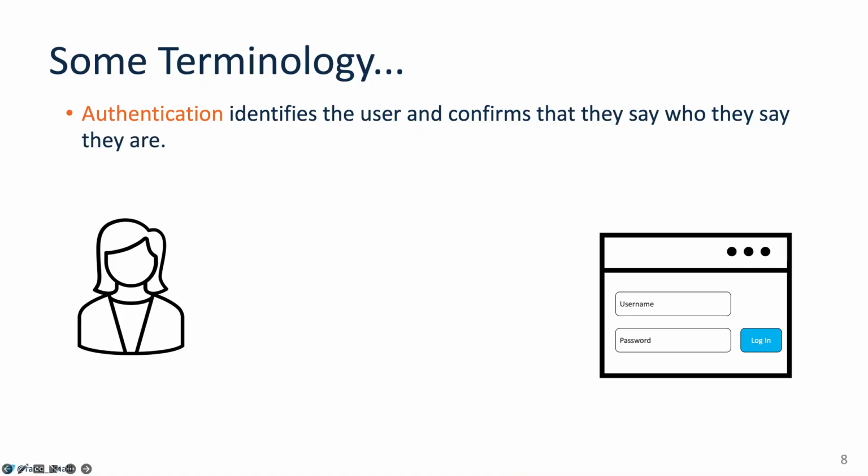And so it's very important that you understand the difference between them. And we'll start off by explaining the first one, which is authentication. Authentication is the mechanism that is used to identify the user and confirm that they are who they say they are. So let's say, for example, you've got a user who's named Alice, and Alice needs to log into her account on this application. Now, the application needs a way to verify Alice's identity before presenting Alice with all her information.